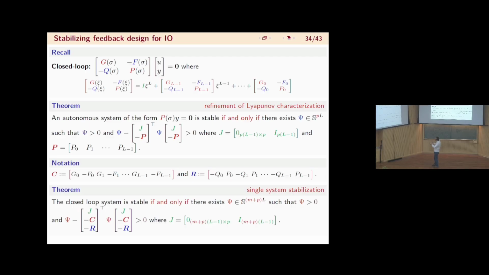Then the Lyapunov characterization tells me that if I am interested in stabilizing one system, this R is given, I want to find a psi and C such that this inequality is satisfied. And psi is positive definite. And this is the design problem for a given single system. R is given.